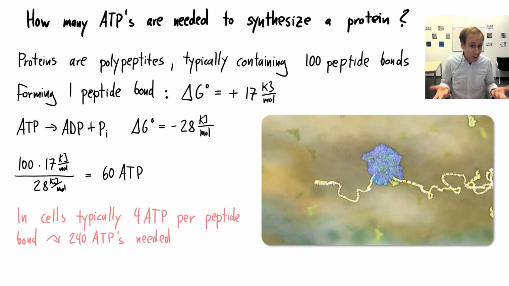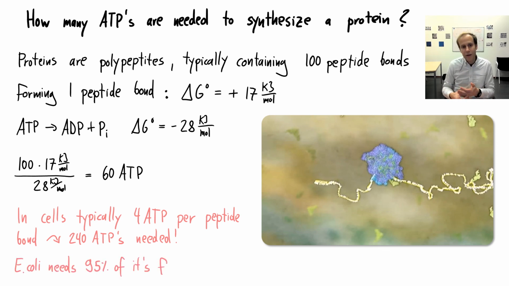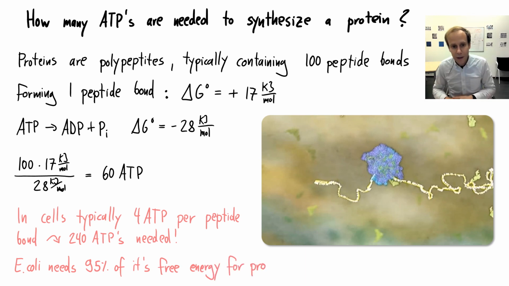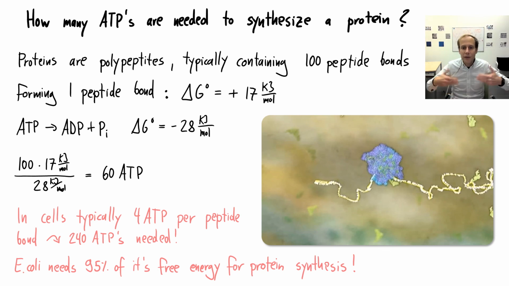So it requires about 240 ATPs typically to synthesize one protein in a ribosome. It's quite energy intensive. For instance, in a bacterium such as Escherichia coli, 95% of the free energy that this bacterium has available is needed to synthesize proteins.